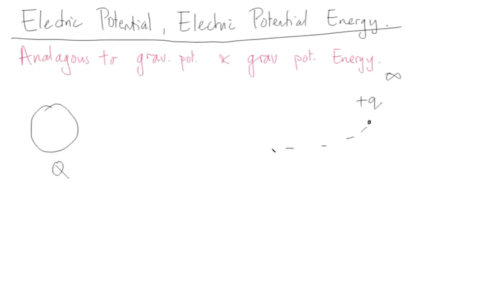But if we bring this positive test charge into the vicinity of big Q, then the force will be repulsive. This is a positive charge, this is a positive charge, so there will be a force pushing it back. And we can define the distance that the small test charge plus q is from this point as being little r.